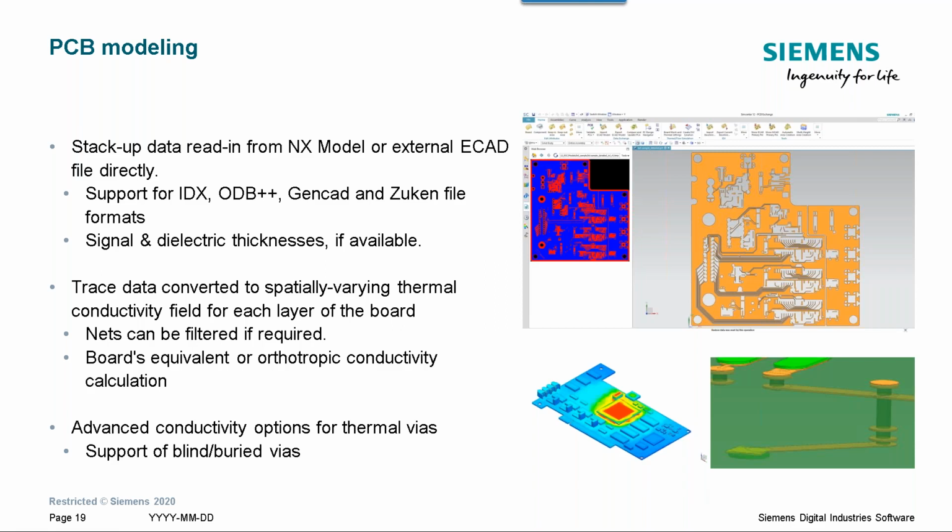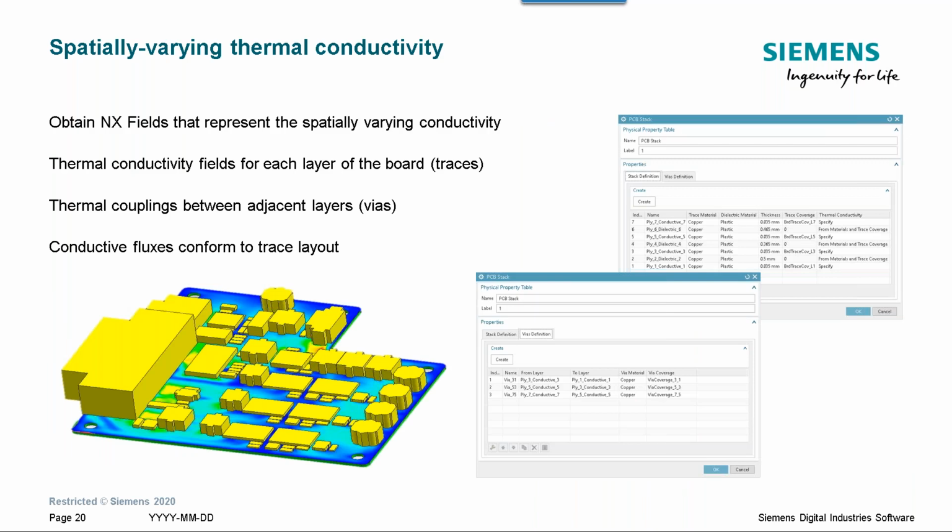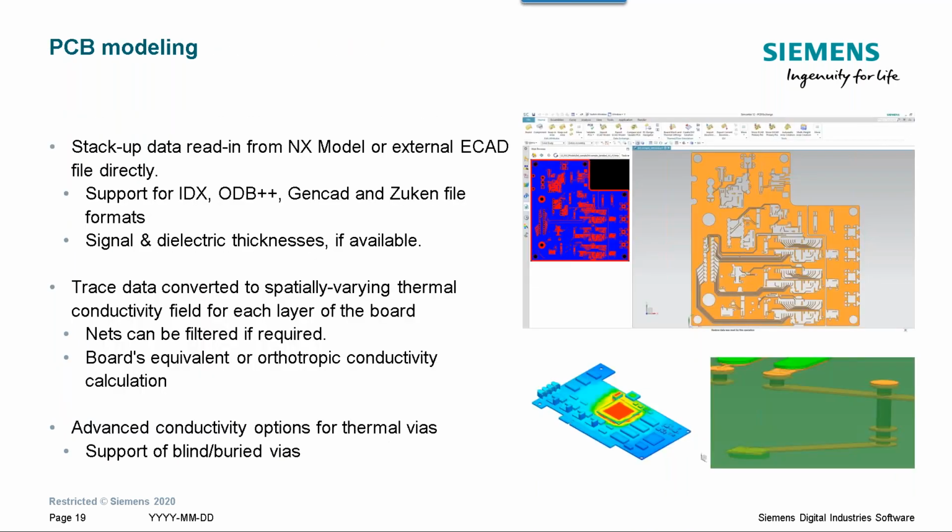So micro vias, blind buried vias, everything can be supported and propagated to your thermal simulation. So once we have this copper information understood, we can create, as we see in this slide, conductivity images. And then these conductivity images are then translated for the traces to fields.